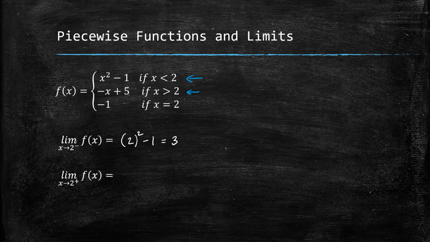So we will plug in 2 into the function here. So we get negative 2 plus 5, which also equals 3. So without even graphing, just using left and right hand limits, we've established that the limit of this function as x approaches 2 is indeed 3.